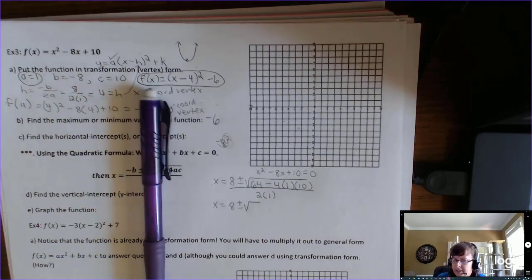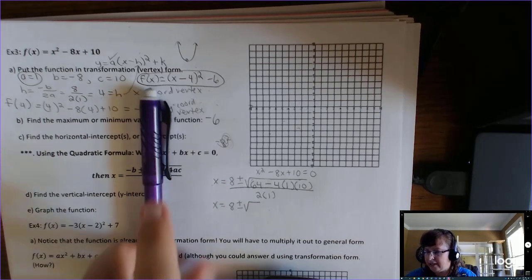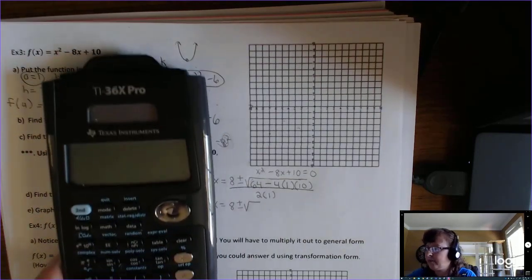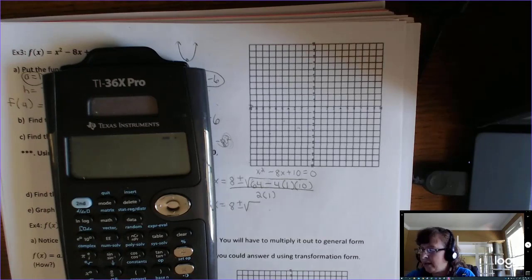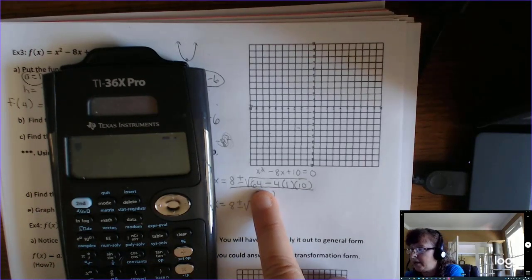I typically teach students to do that. The calculator will do a lot for you, but I'd rather you break it apart. So I don't put the radical in because I want exact answers. I'm just going to put what's under the radical in. 64 minus 4 times 10 gives me 24, or negative 8 quantity squared.